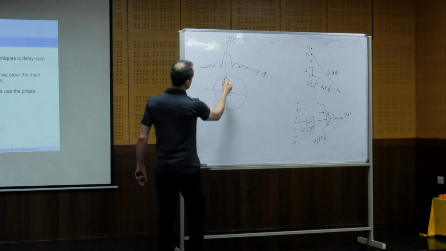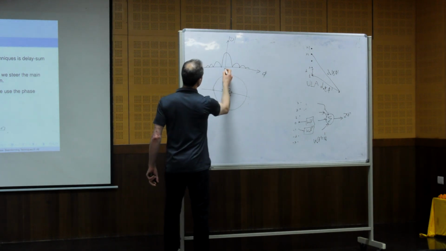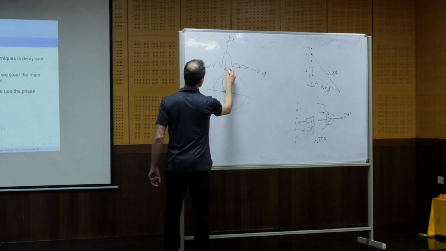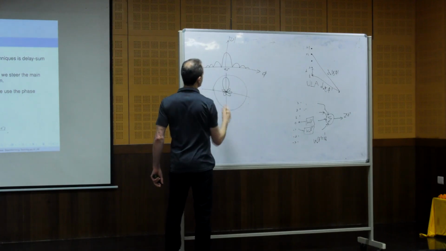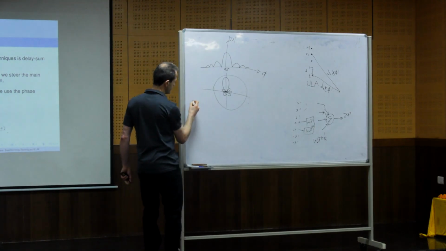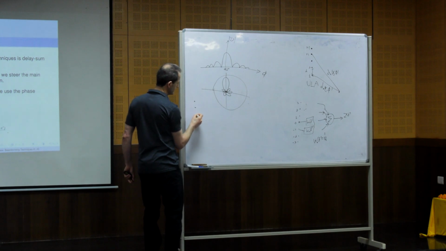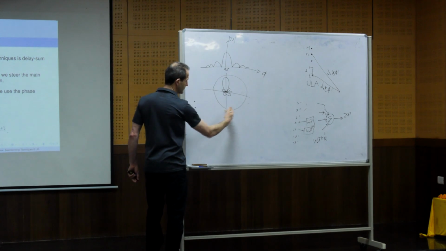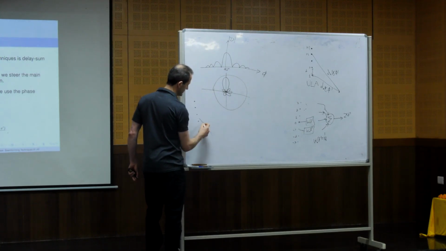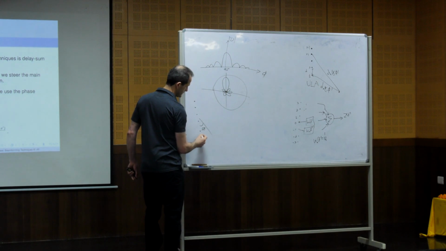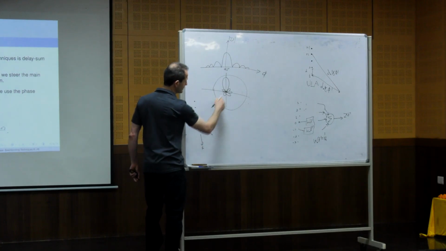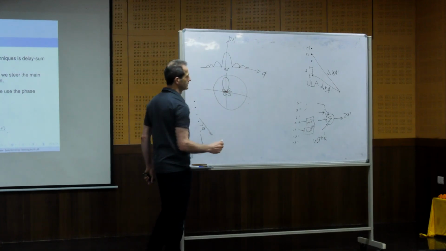Here, for maybe 90 degrees, we have the maximum. Why? Because if we have an array and the source comes from the far field from this direction, from 90 degrees, this is phi, this is x, and this is the direction of the source, then we have maximum gain.